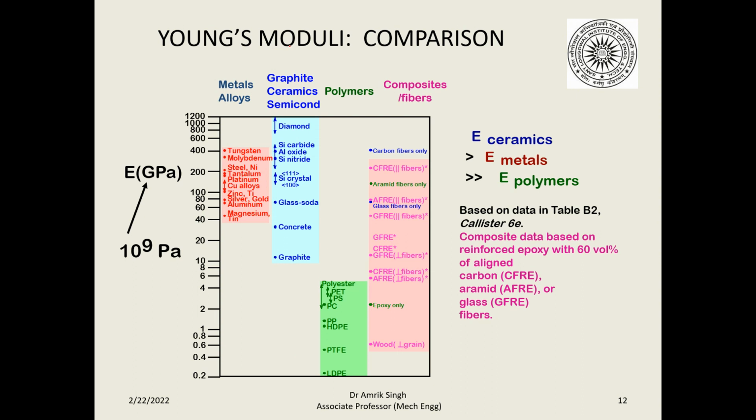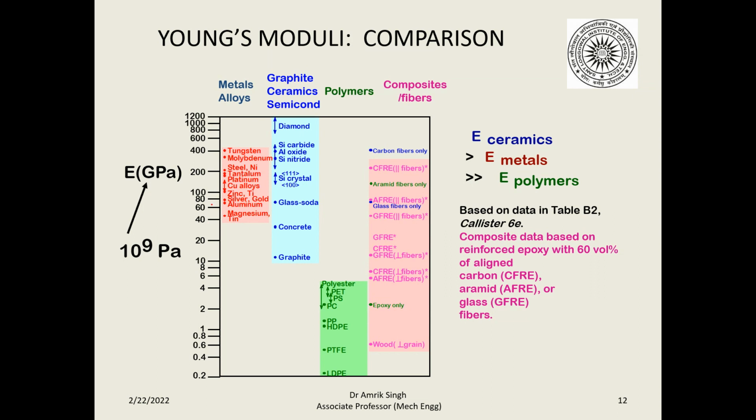If we compare the Young's moduli, for ceramics it is highest, then for metals, and then for polymers. If you see here, our steel lies here. It is around, as I told yesterday, 200 to 210, 240. These are the other alloys: copper alloys, zinc, silver, gold, aluminum, magnesium, tin.